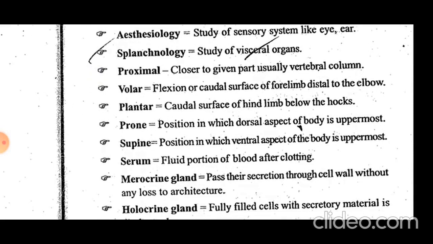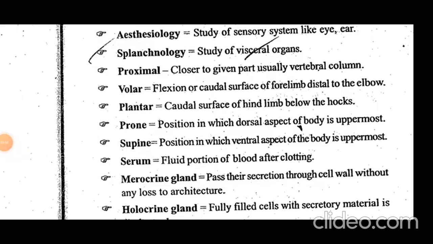Prone is the position in which the dorsal aspect of the body is uppermost. Remember the difference between dorsal and ventral: in anatomical positioning terms, dorsal means near the vertebral column, and ventral means the sternal region.